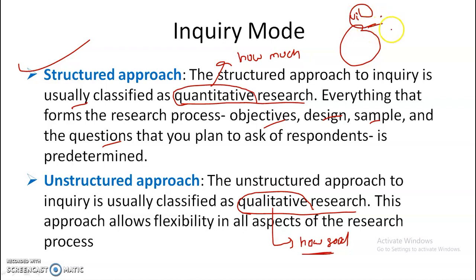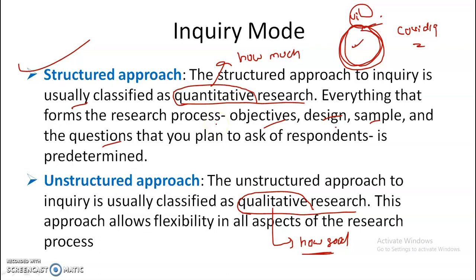Nowadays, due to this COVID-19 pandemic situation, they are checking in one particular area how many people are having the problem, or how many people are affected with the virus. So that is the quantity: within the specified area, how many people are affected. So if you are making the objectives, making one design, and making the questions, all these things are a very good example of the structured approach.